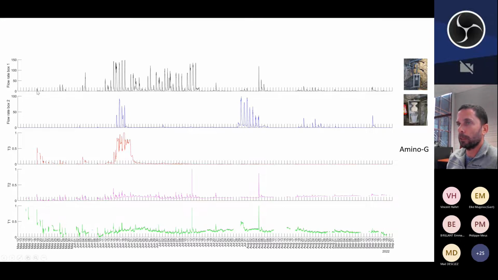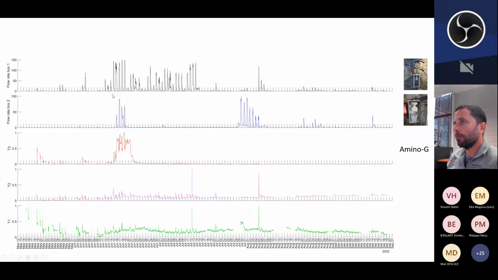Whenever there is even little flow, we're getting high peaks of amino G, a signal.